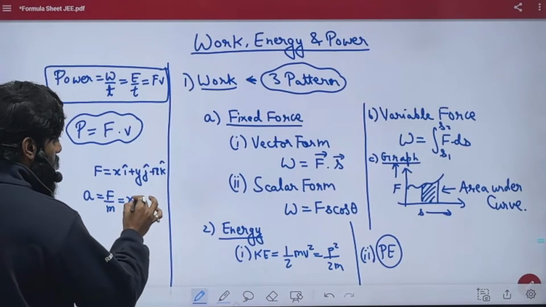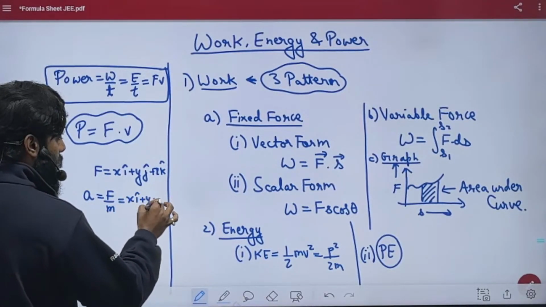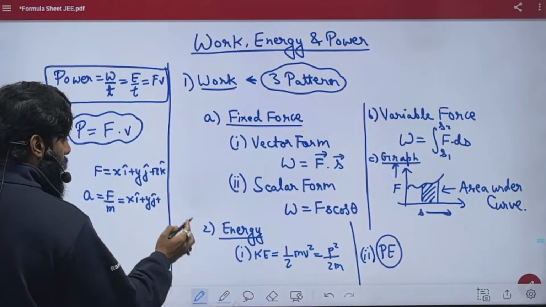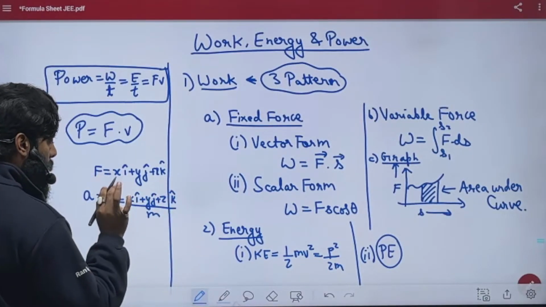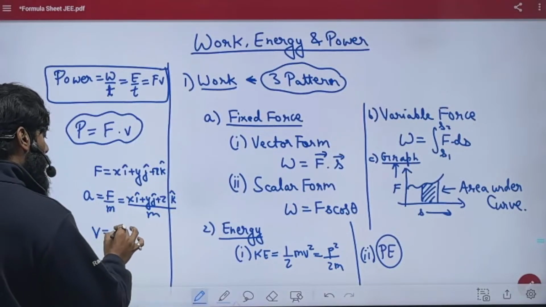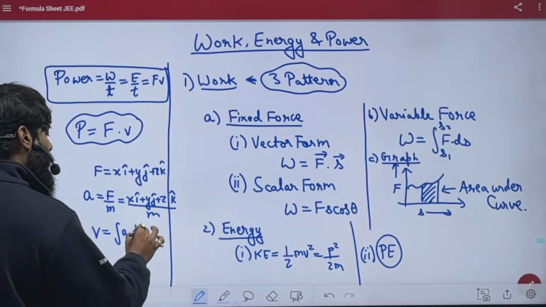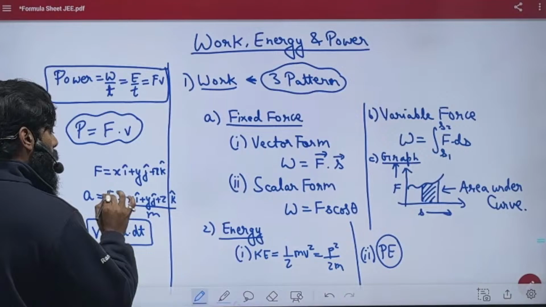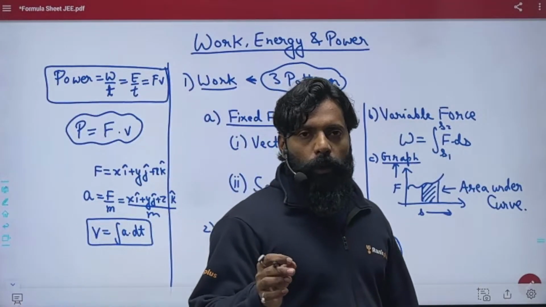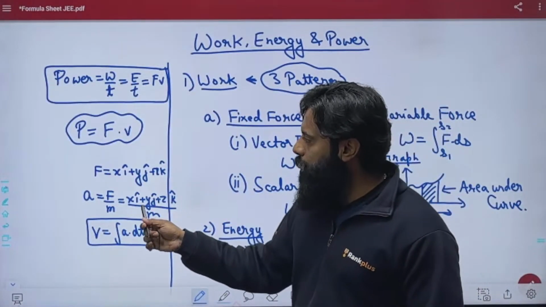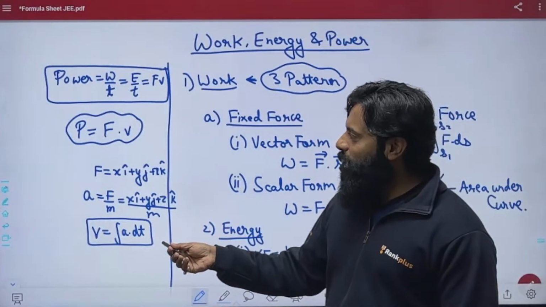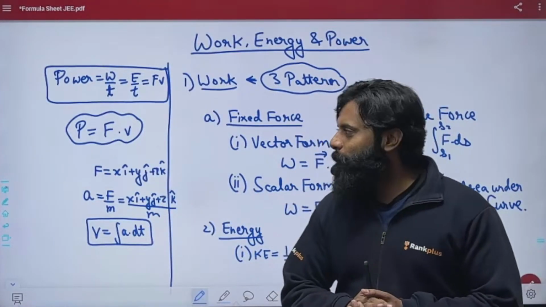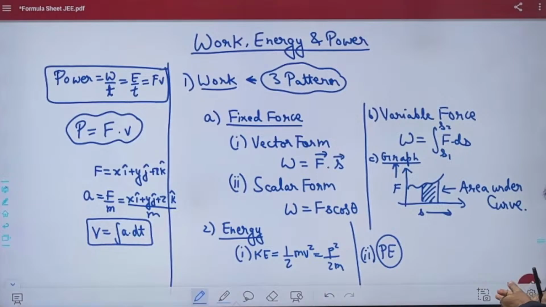So x i cap plus y j cap plus z k cap divided by mass will give you acceleration. And to get the velocity, you have to integrate the above function, right? And once you get the velocity, you just multiply. I hope this is clear.